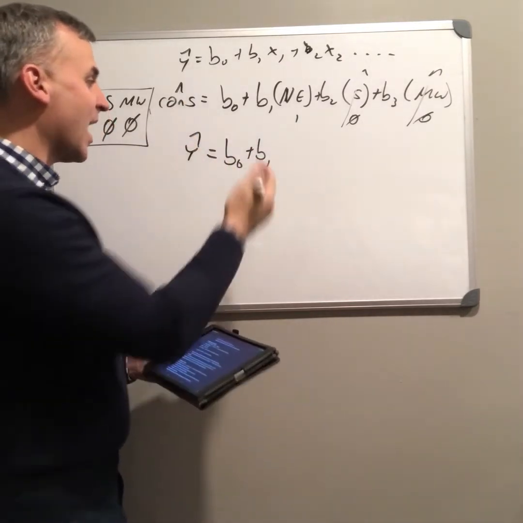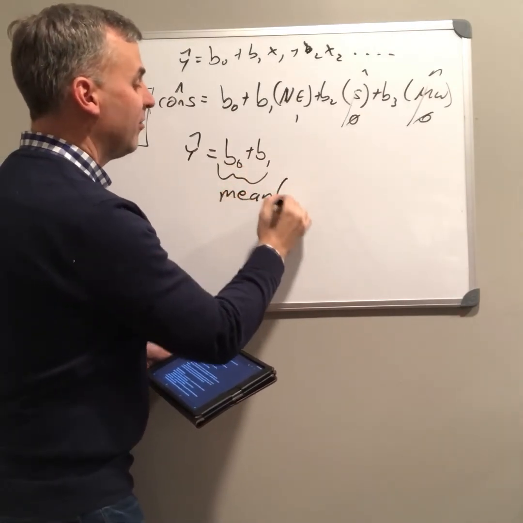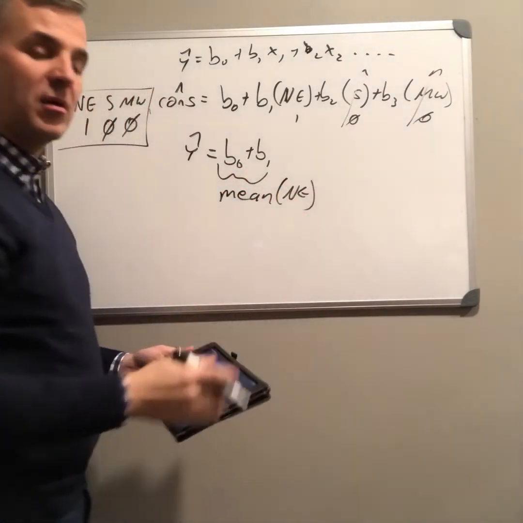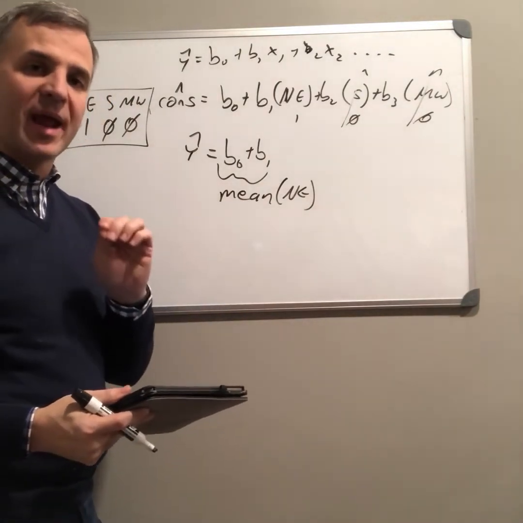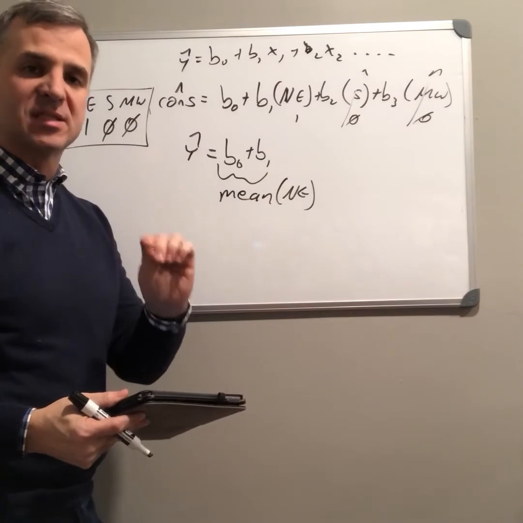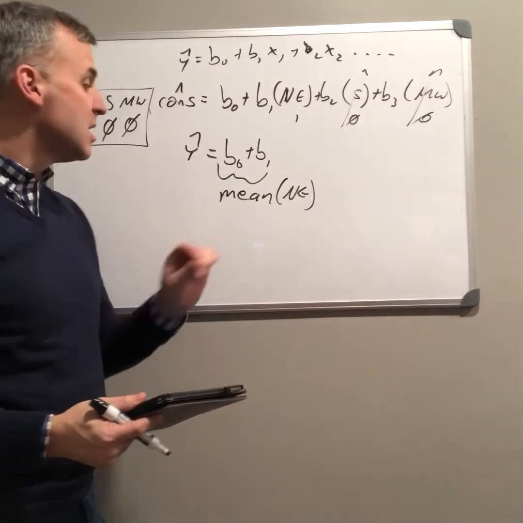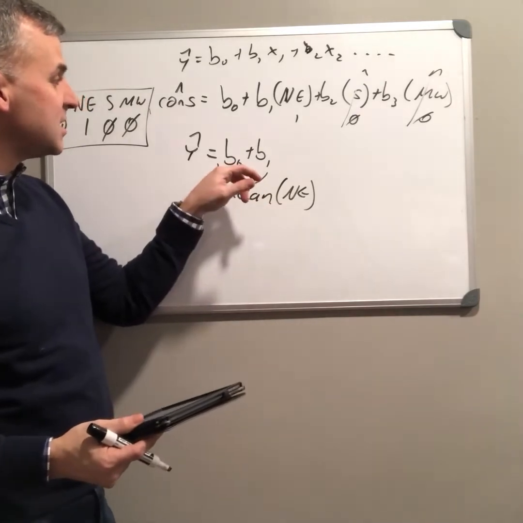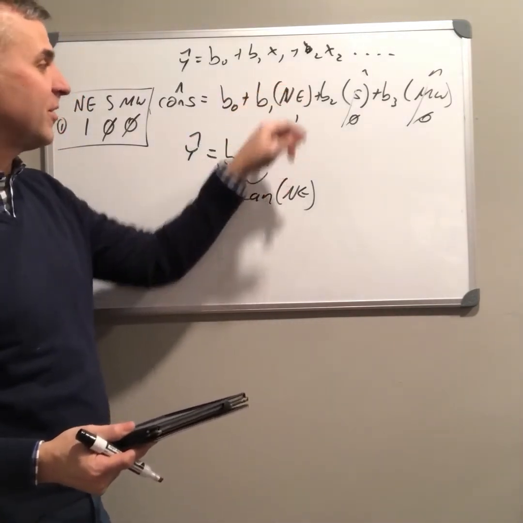And it turns out that this is just then the mean of that group. Remember when we first started talking about regression, we talked about how the mean is our best predictor for where one is, right? And for what our value of y is. So the mean of being from the northeast here is b sub 0, our intercept, plus the coefficient for that dummy code.